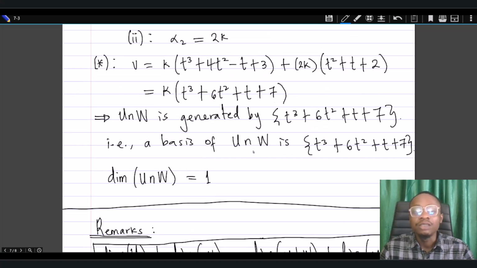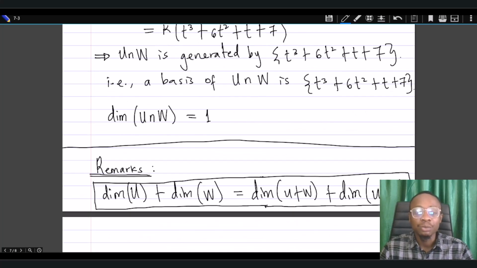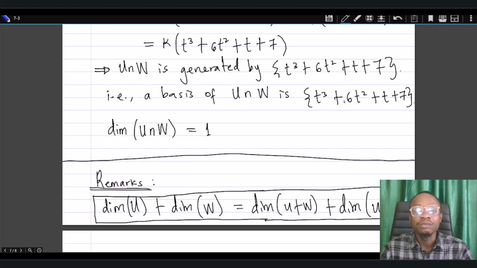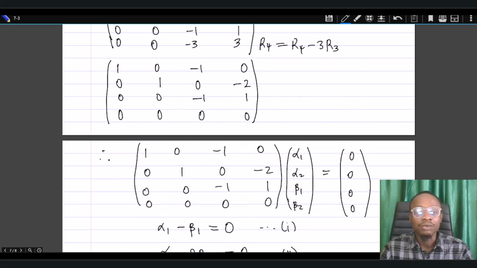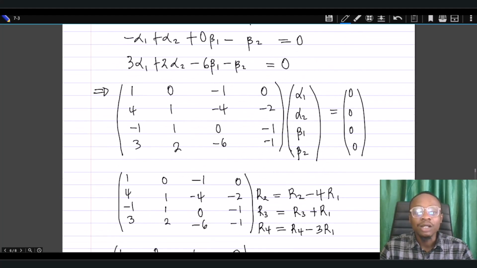We would just get the dimension of U, the dimension of W, the dimension of U plus W, which are very straightforward to get, and then we will take the dimension of U intersection W to be equal to the dimension of U plus the dimension of W minus the dimension of U plus W, and that would have given us 1, if we didn't need to obtain this basis of the vector space U intersection W. But whenever the basis is required, there is no shortcut.